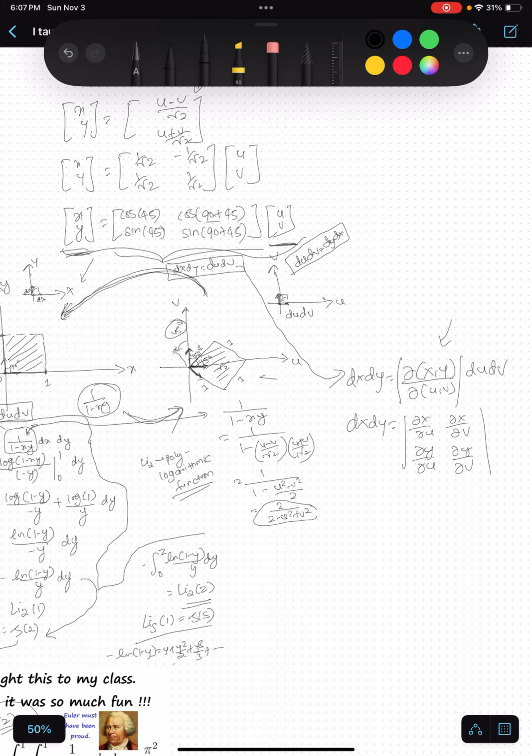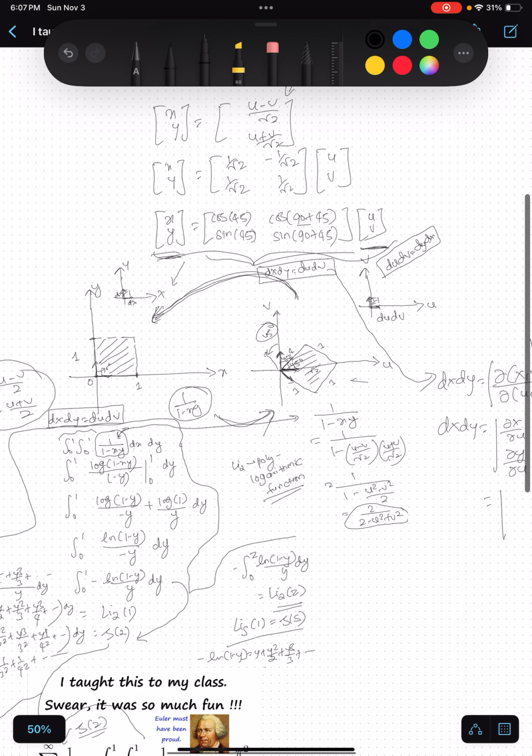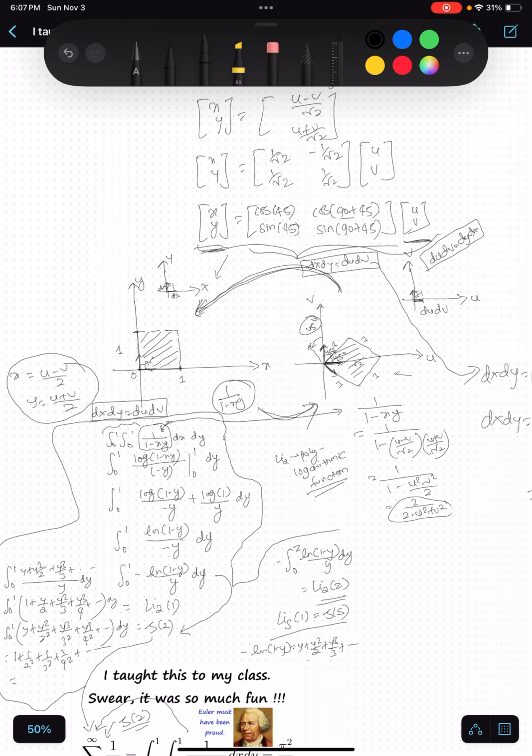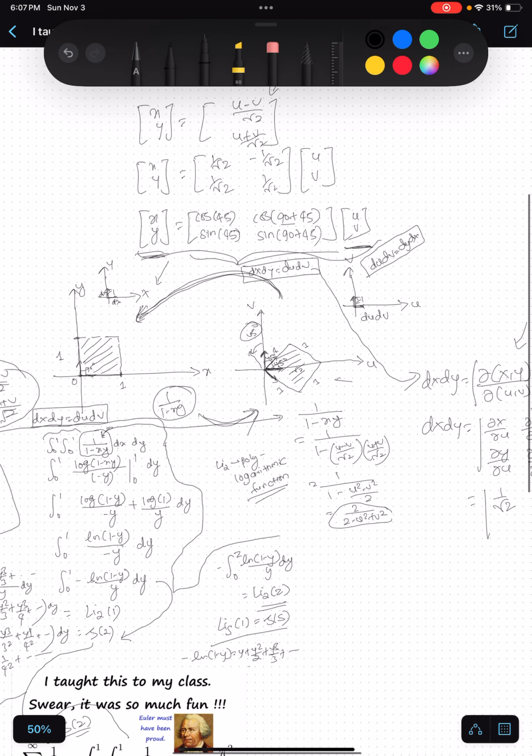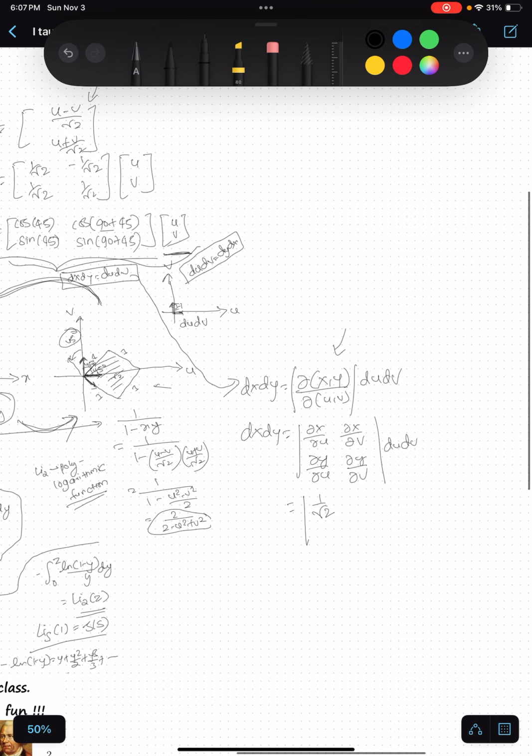And we know that since x is (u minus v) by root 2 and y is (u plus v) by root 2, partial x partial u is just 1 by root 2, partial x partial v is minus 1 by root 2. Yeah, this is called the Jacobian matrix determinant. I just remembered, this is called the Jacobian.